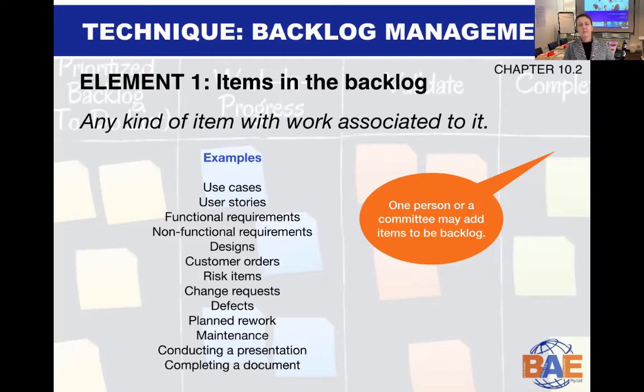And examples of work could be use cases that need to be developed, user stories, functional requirements, non-functional requirements, any designs, any customer orders, so anything specific around the customer, risk items that might need some work to be done on them, change requests, defects, planned rework that you need to do, any maintenance, or conducting a presentation even, or if you simply have to complete a document. So these are all the types of examples of work that could be put on the backlog.